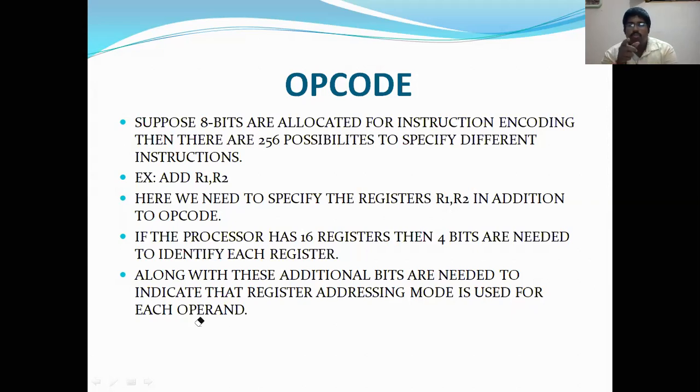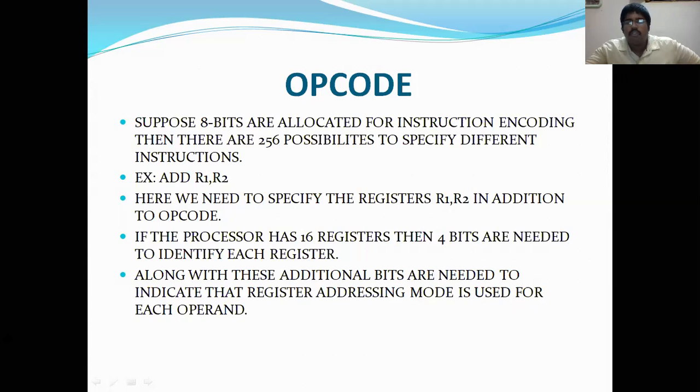And one more thing they are going to specify is, for example, if I encode the opcode in 8 bits, then by using those 8 bits I can encode 2 power 8 different instructions.